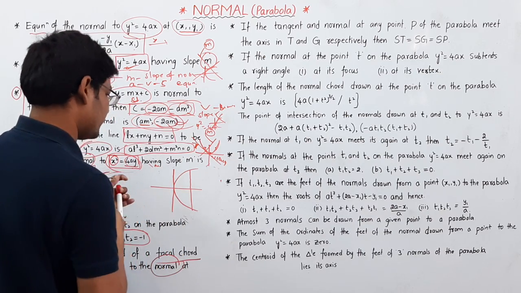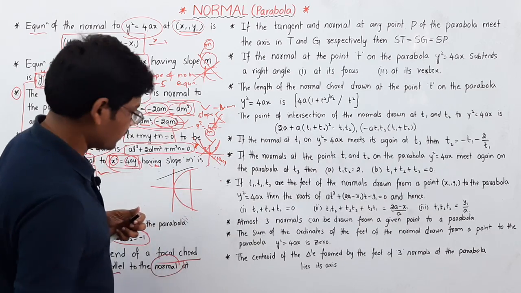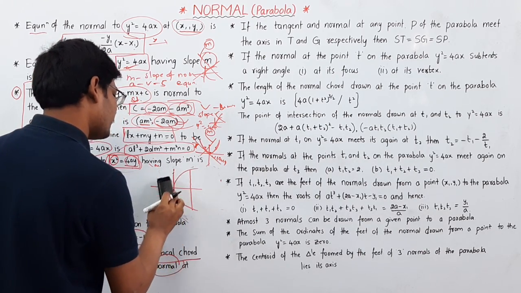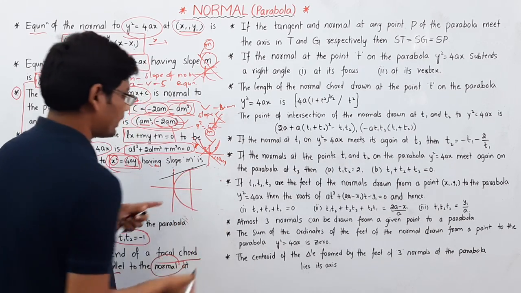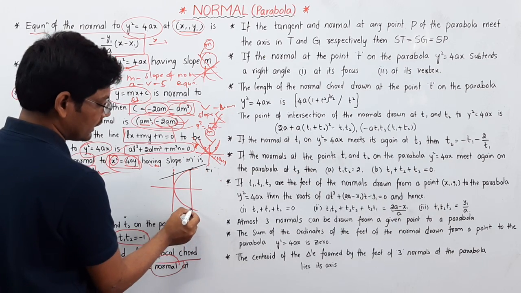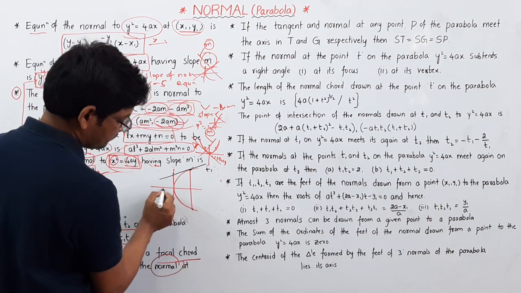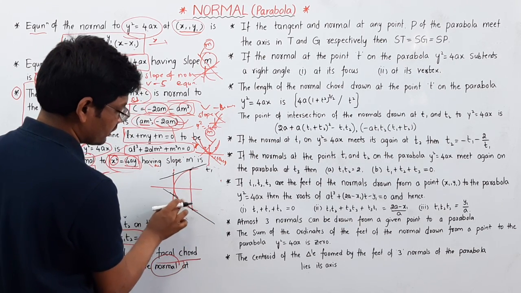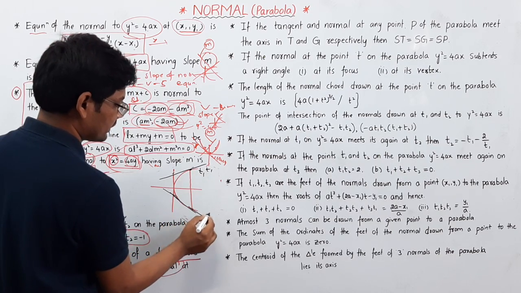If you draw a tangent at one end of the focal chord, this is the tangent T1, and at the other end if you draw a tangent, this is T2.